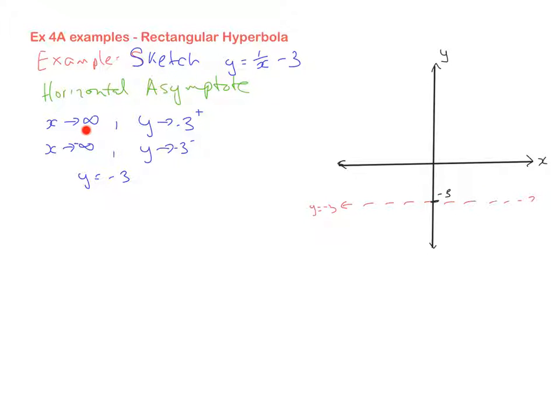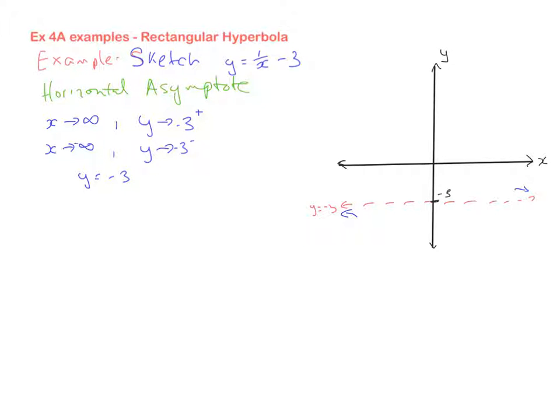So if we think about that, as x approaches infinity, it's approaching negative 3 from above. So we've got our line there. As x approaches negative infinity, it's going to approach from underneath. So I'm going to put my little arrows there. So I've got that part done.